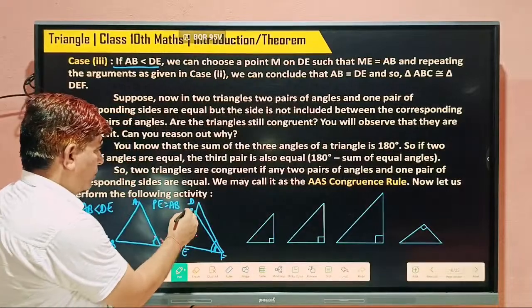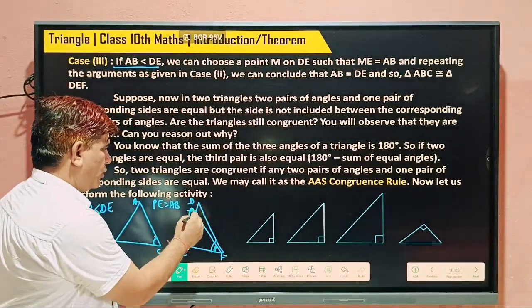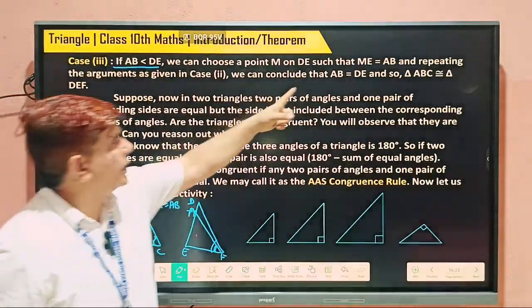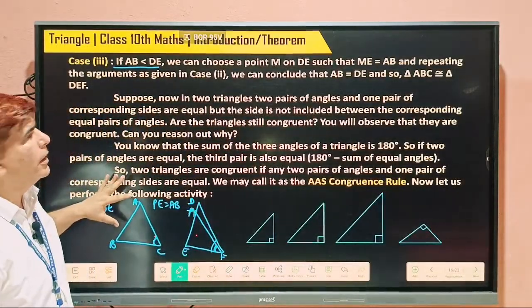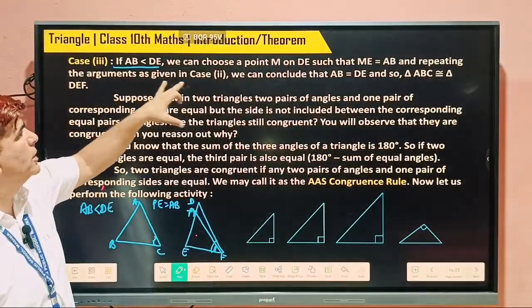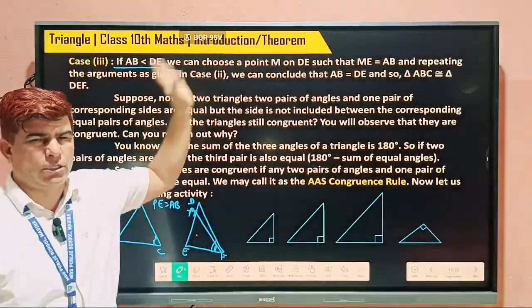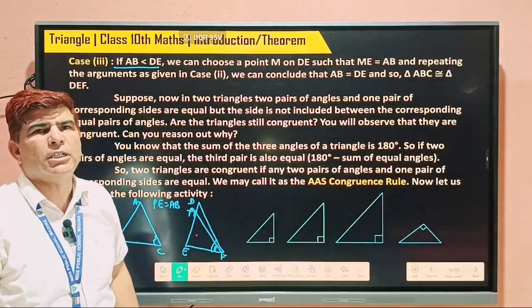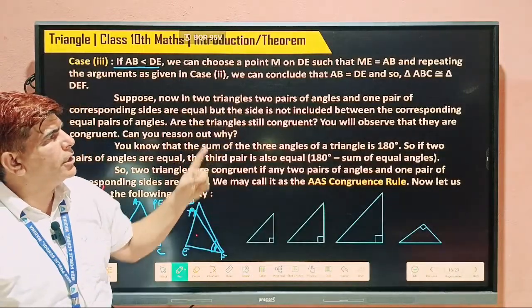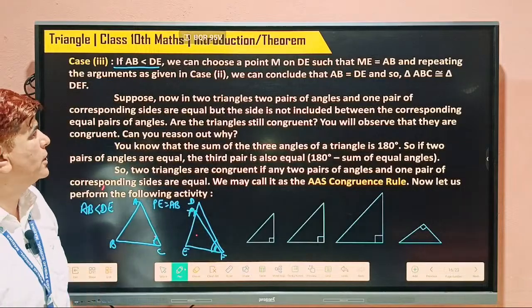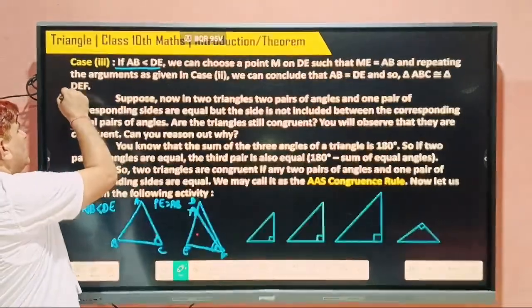In place of M you can write P. Such that ME equal to AB, and repeating the argument which is given in case number 2, the same process we can use. We conclude that AB equal to DE. So triangle ABC is congruent to triangle DEF.